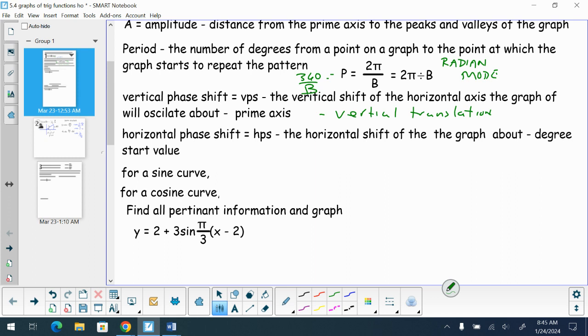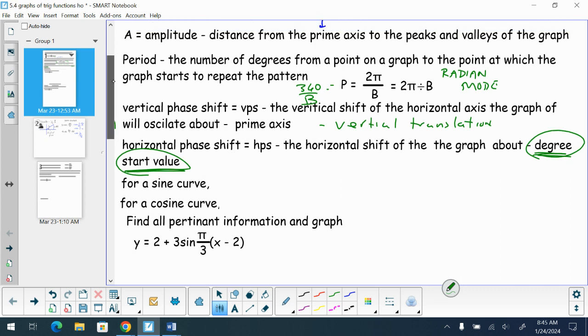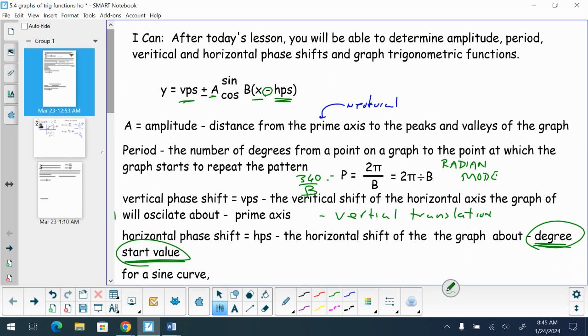It is your degree start value. What degree value do we want to start this at? And once again, this is a value that's being subtracted from x.